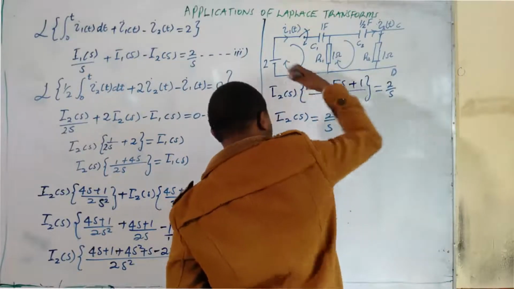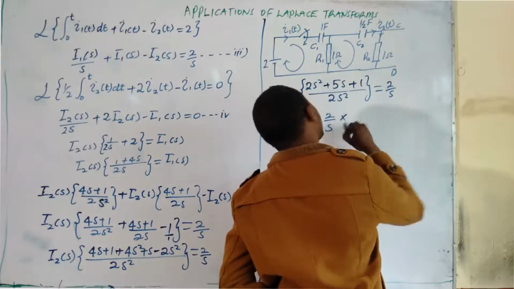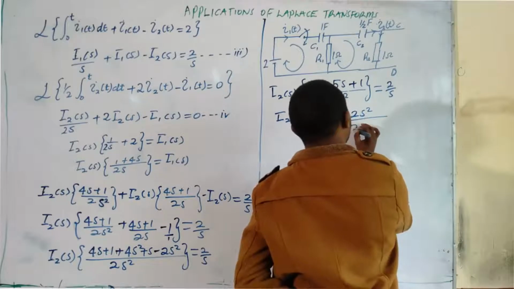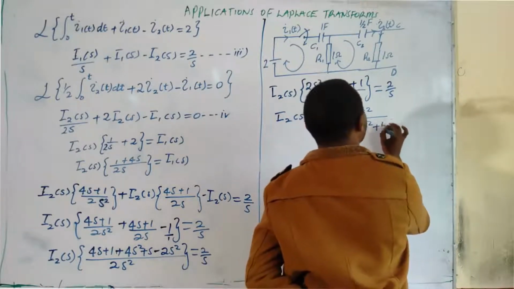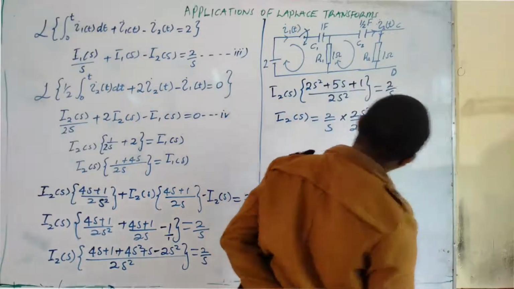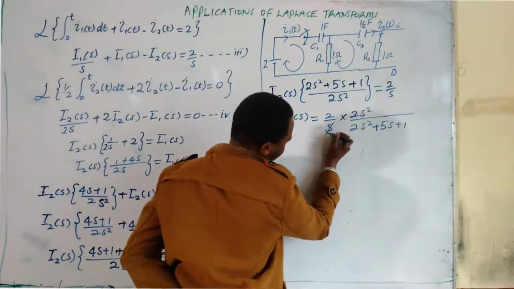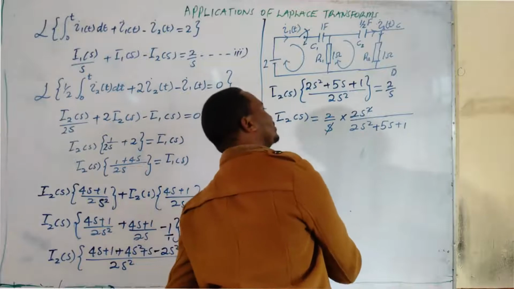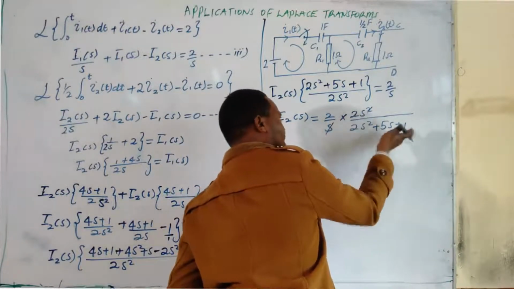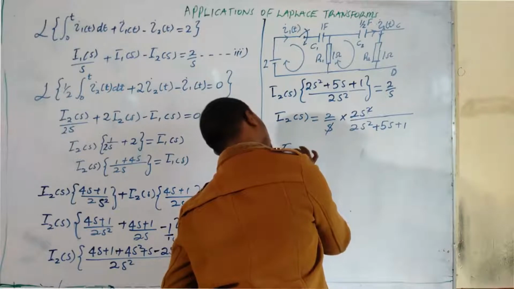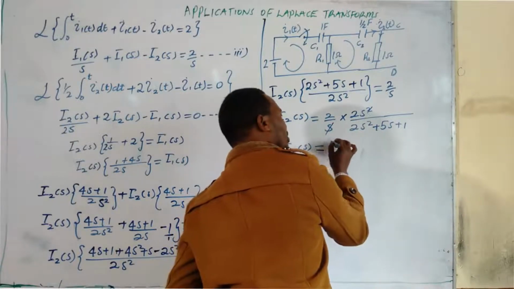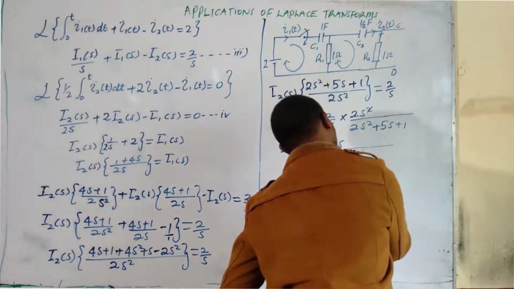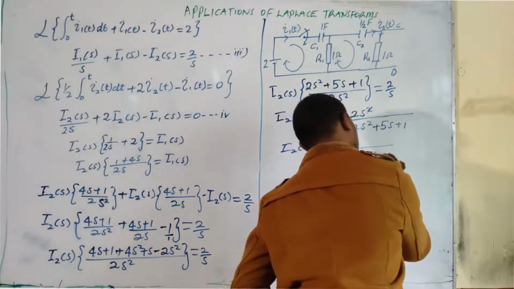On this side it will cancel out completely, times on the other side 2s squared over 2s squared plus 5s plus 1. This s will cancel out with one of the s there, so these two will multiply with the 2 to give us a 4. So you have I2(s) is equal to 4s over 2s squared plus 5s plus 1.